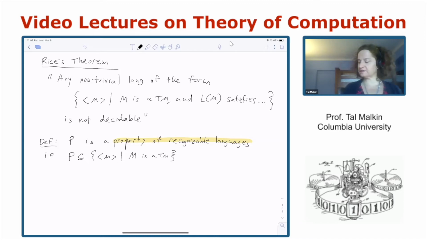So this is one thing. It's a property of recognizable languages, so it's a property of all encodings of Turing machines. And moreover, it needs to be a property of the language and not the implementation.